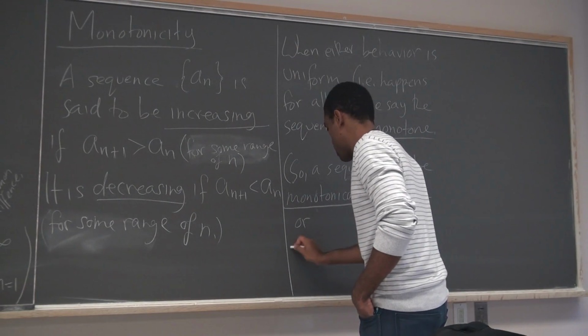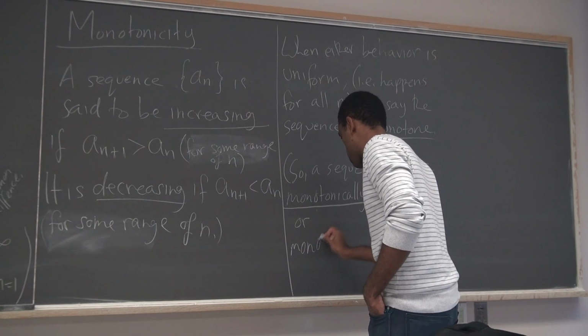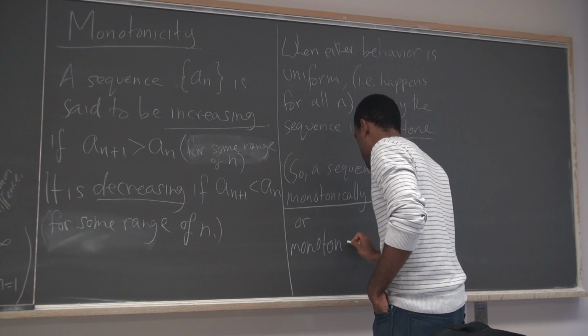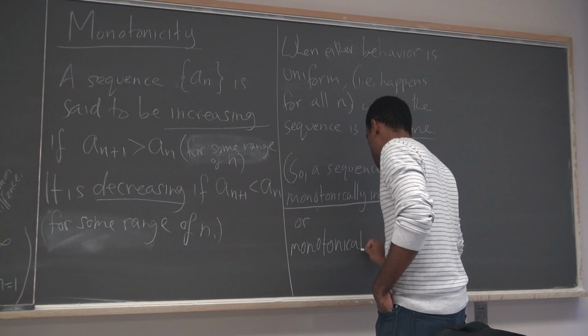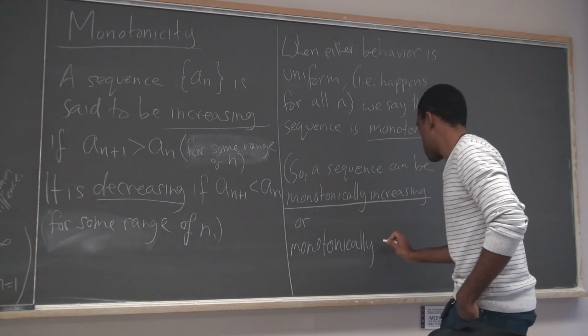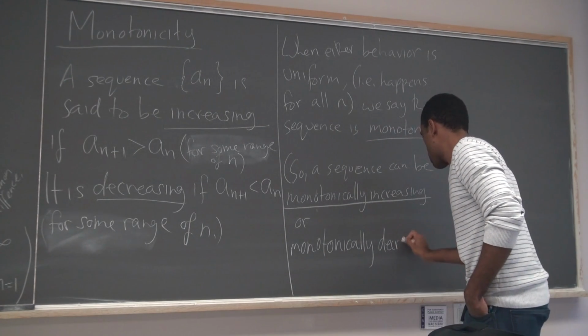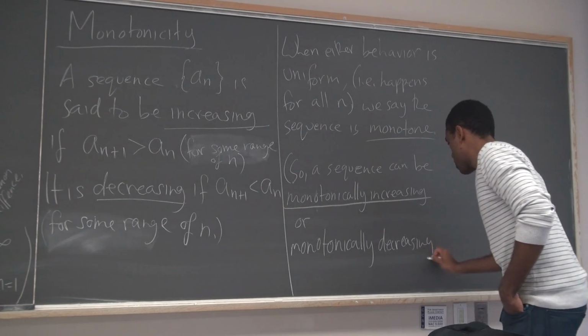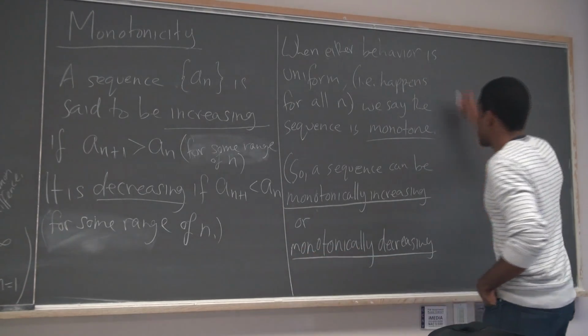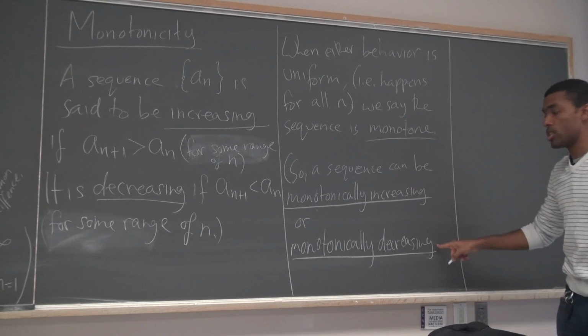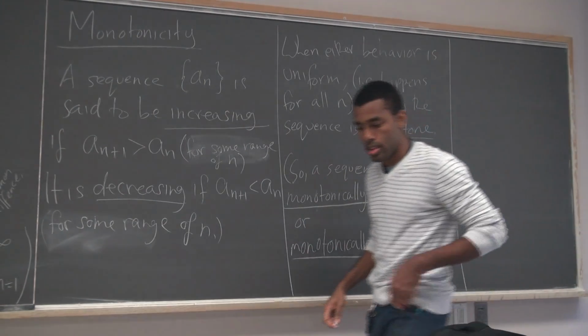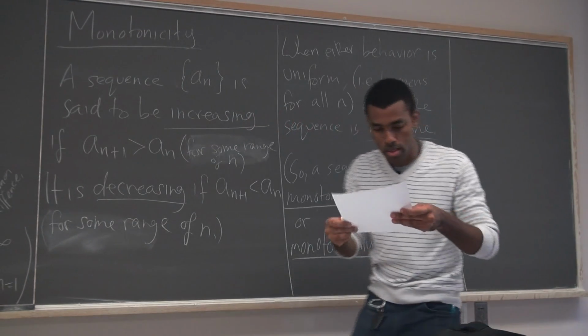Or monotonically decreasing. The word monotone just means it's doing the same thing uniformly. In the future, there are going to be cases where it's important for us to know that our sequence is monotonically decreasing. So that's why I had to give you that definition.